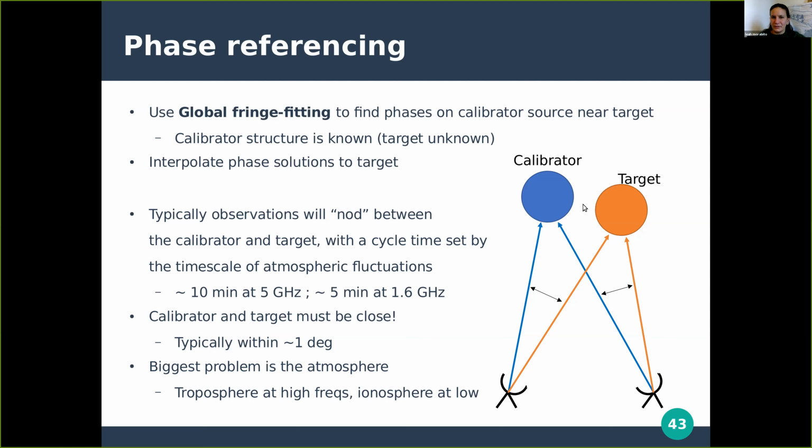So how close do these sources need to be? Generally, they have to be within about a degree. The biggest problem that we're trying to solve for with our calibrator source is the atmosphere. Again, this is the troposphere at high frequencies and the ionosphere at low frequencies.